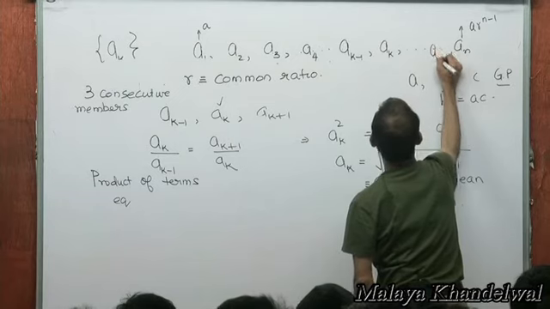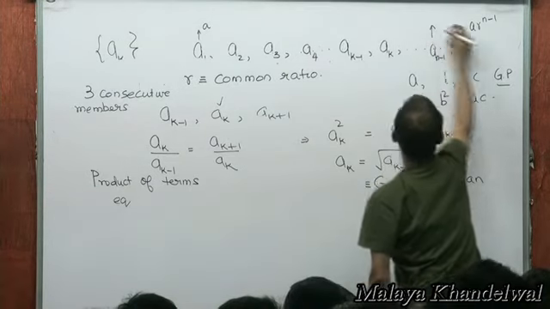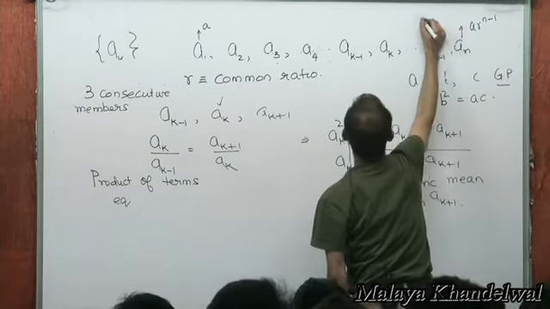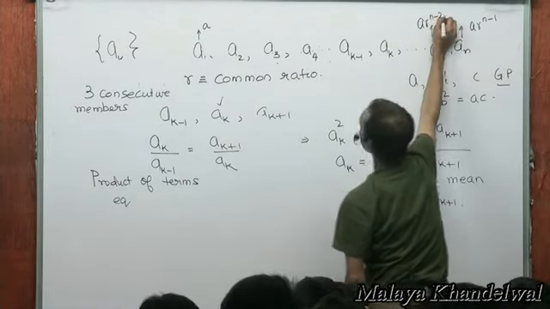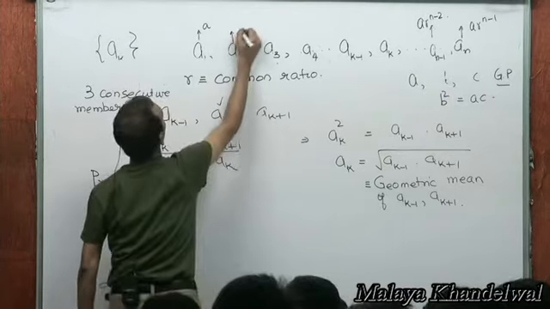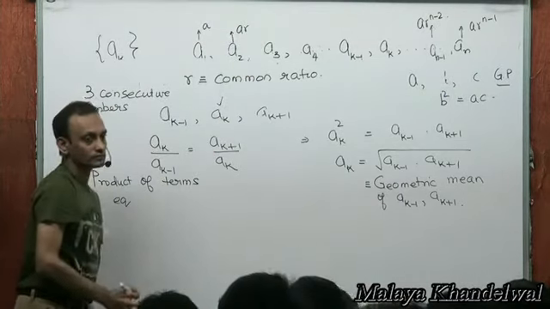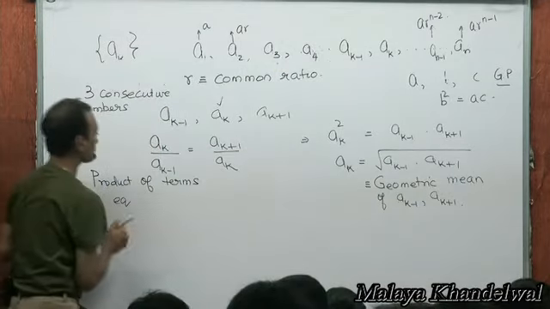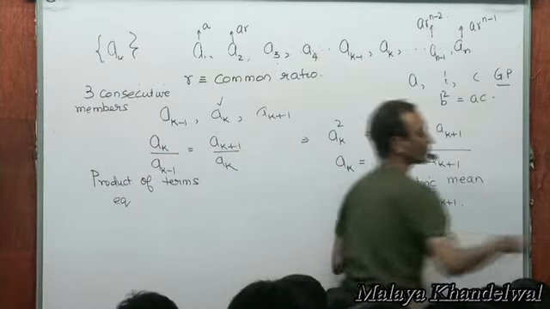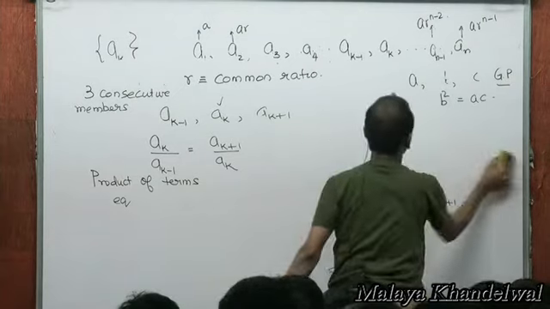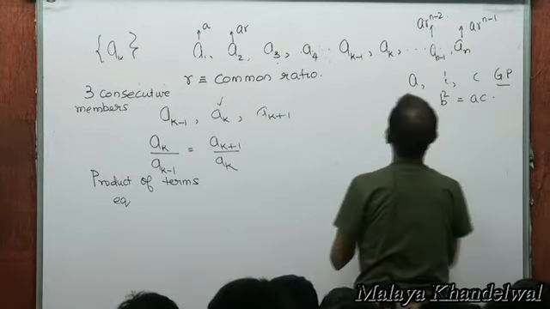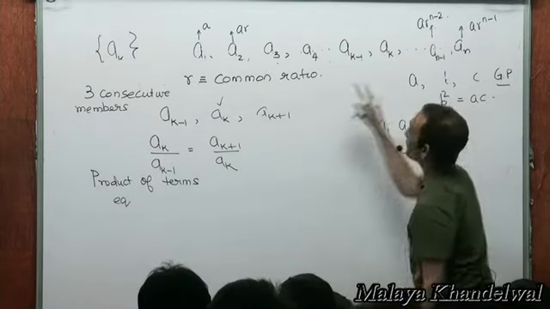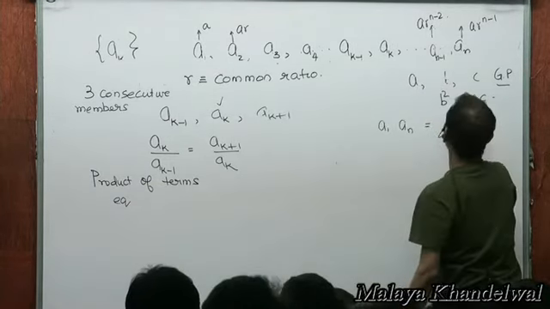The term prior to this, A n minus 1, can be obtained by dividing this by r. So this term is going to be A r to power n minus 2. This term is going to be AR. Yes or no? Now, what is A1 into AN? First term into last term. A1 into AN. A squared r to power n minus 1.